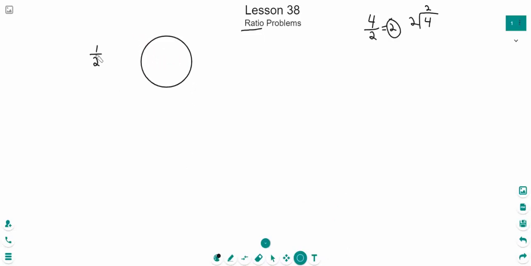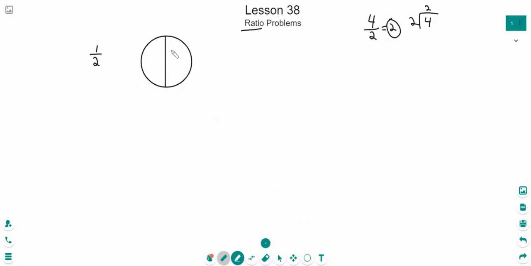And this 1/2, when we're thinking about it as representing a part of a whole, the denominator, in this case the 2, tells us how many pieces we're going to cut the whole into. So in this case, we'll be cutting the whole into 2 pieces. And I'm going to try to do that evenly. They should be even pieces. So we'd split it right down the middle.